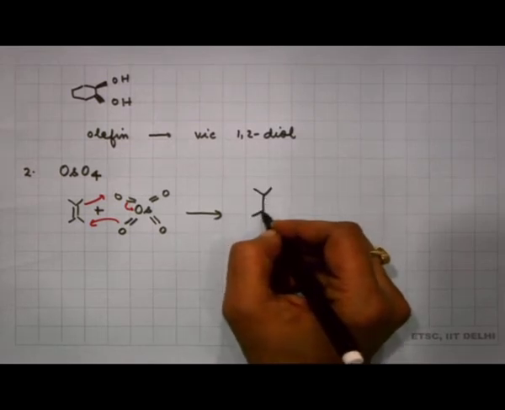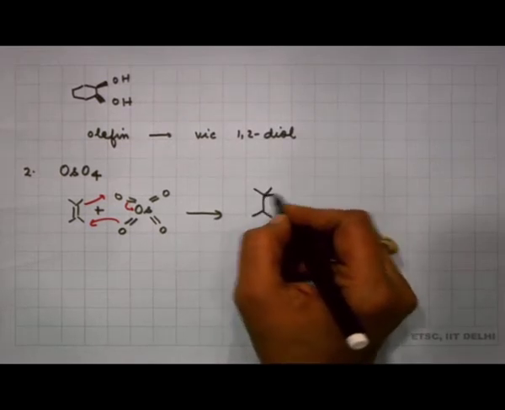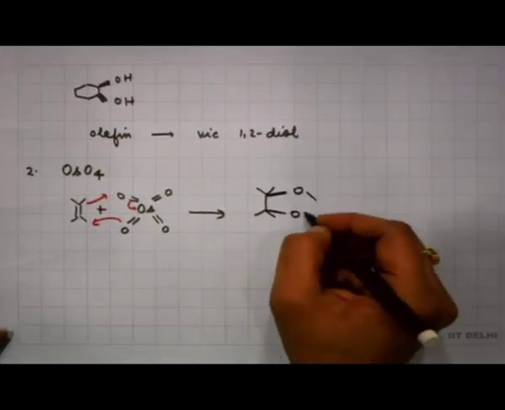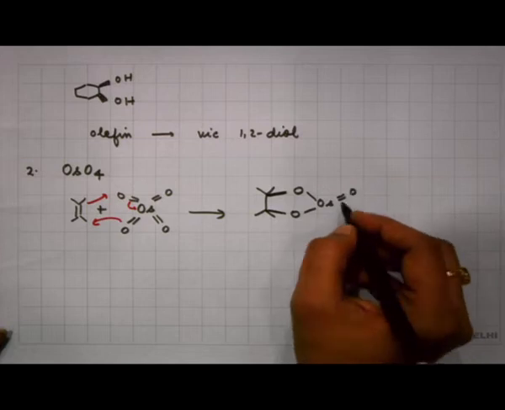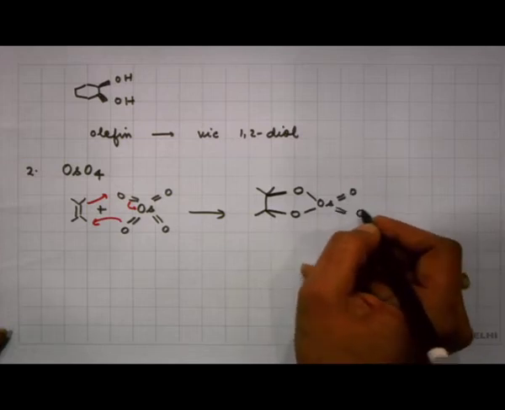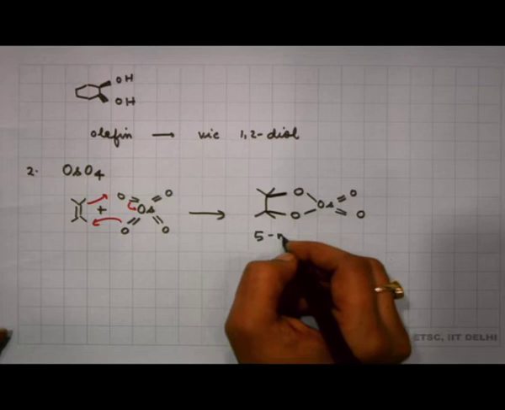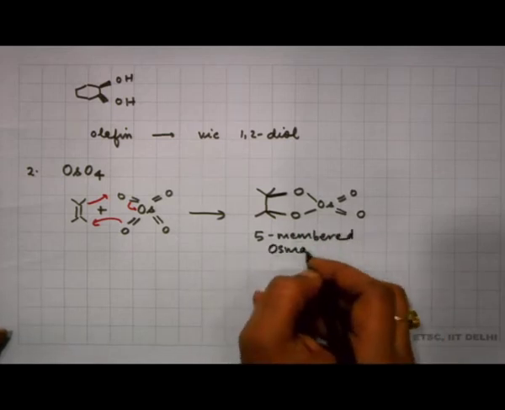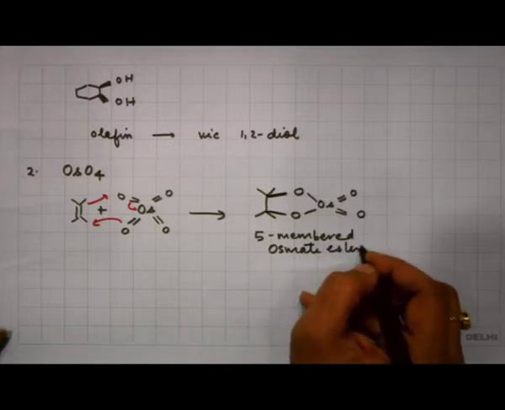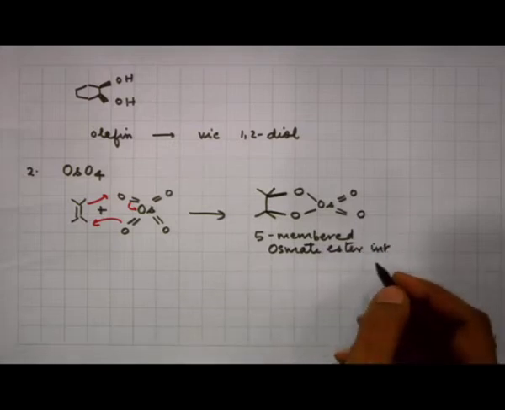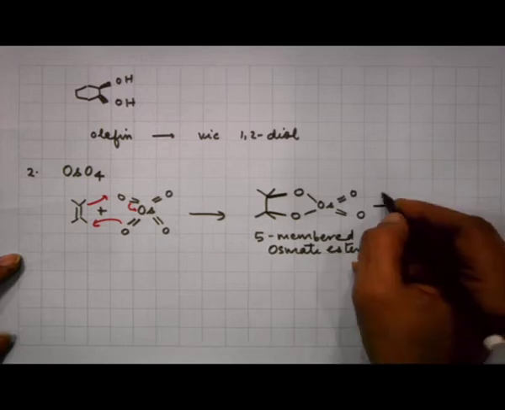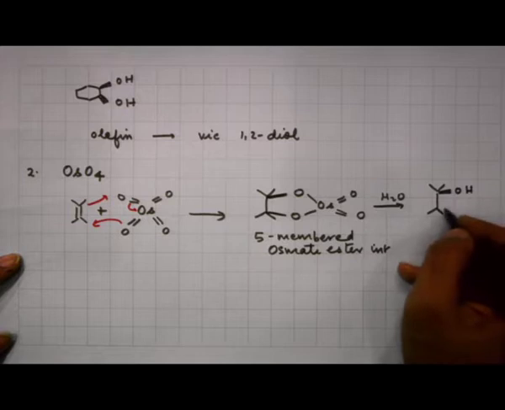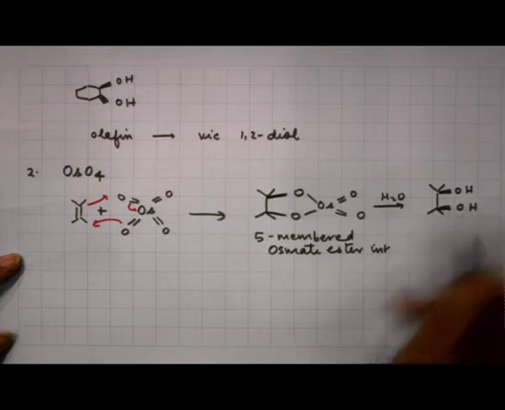So, here what you get is this 5 membered osmate ester intermediate, which undergoes hydrolysis to yield the vicinal 1,2 diol with a syn selectivity.